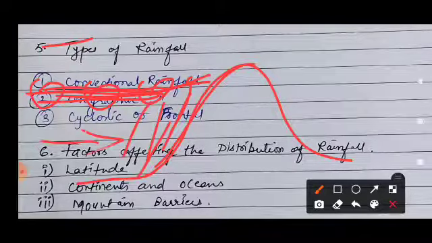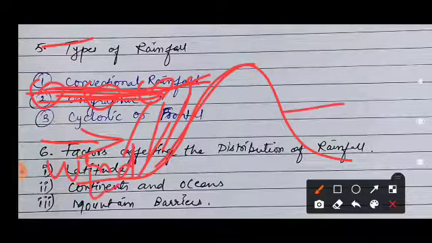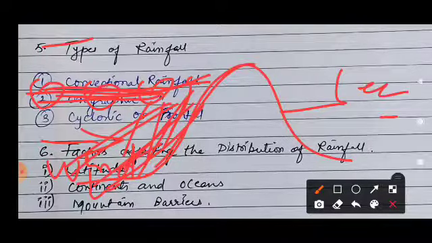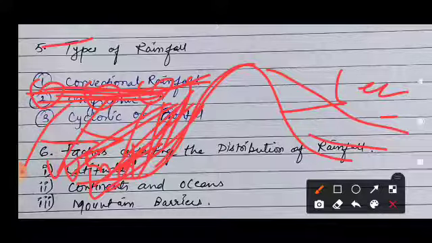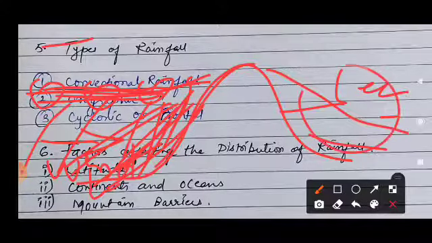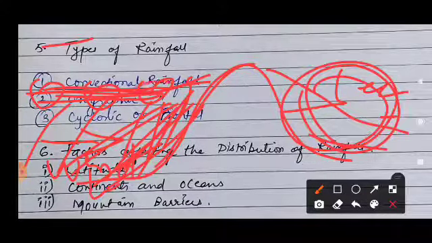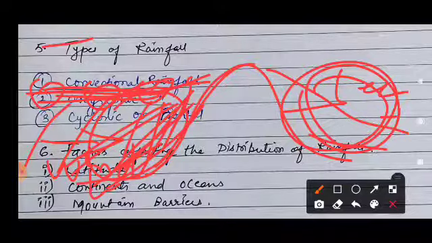This side is called the windward side, and this is called the leeward side. This area benefits from the rainfall, and here the rain is very little or none. So this area is called the rain shadow area, and this is the rain area. This is the orographic rainfall.